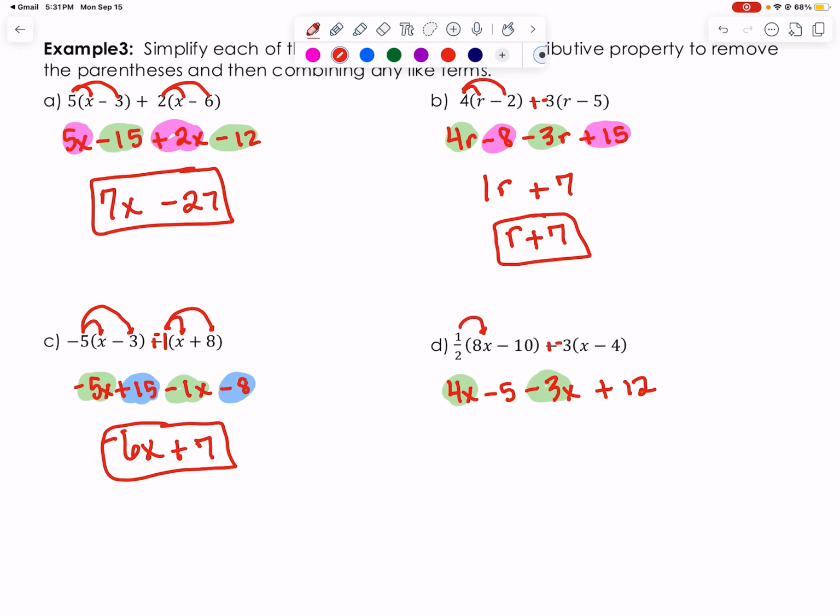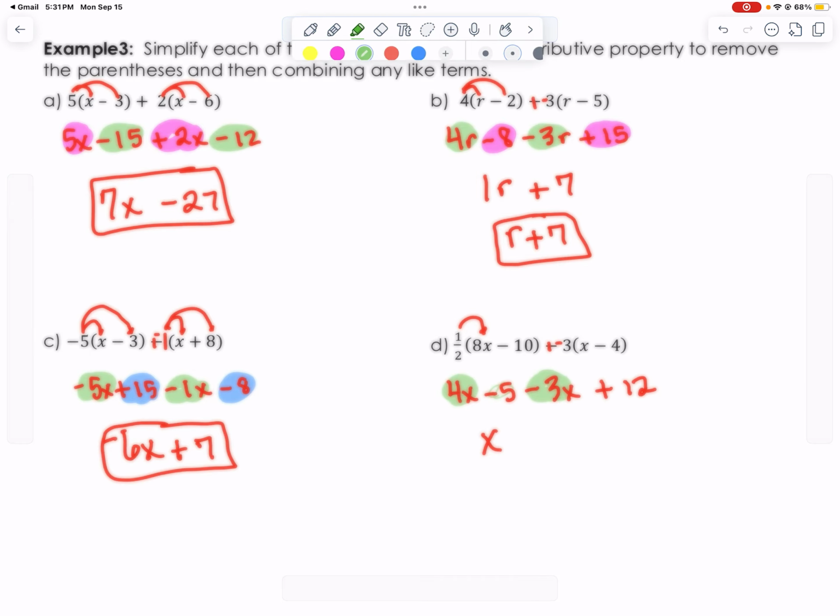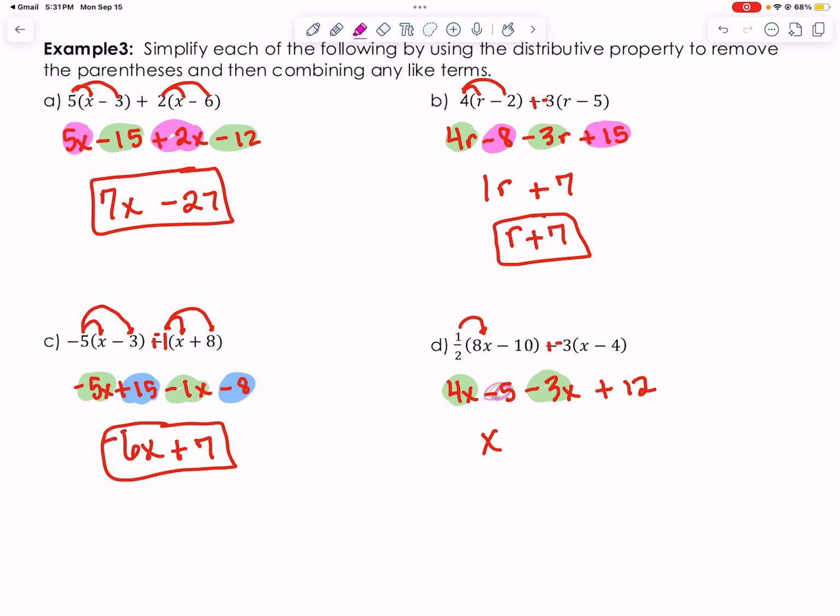So 4x minus 3x gives you 1x. And then -5 plus 12 gives you +7.